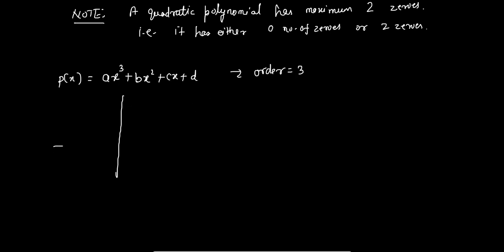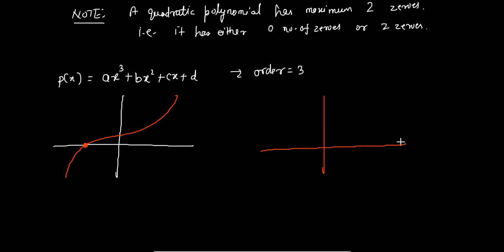It also has some complication as far as its zeros are concerned, because the shape of a cubic polynomial will be like this. Here we have only one zero. A cubic polynomial may also have this shape, where we have three zeros, right?